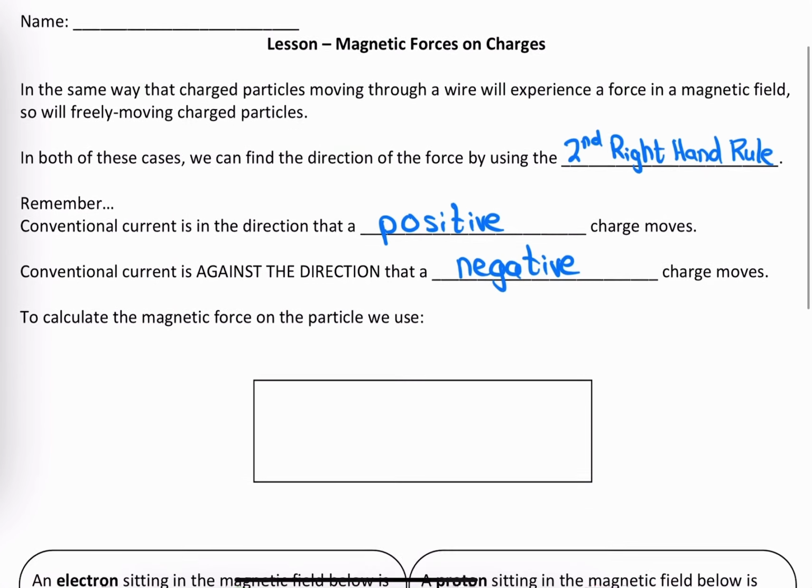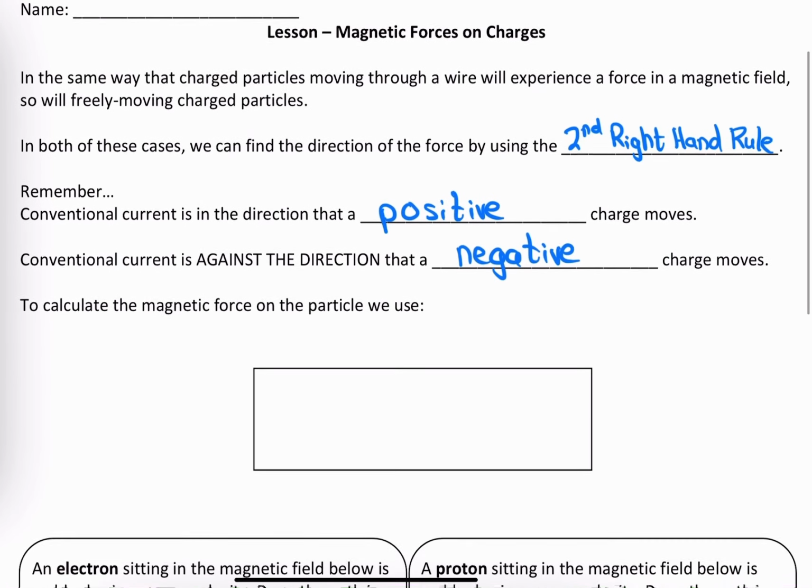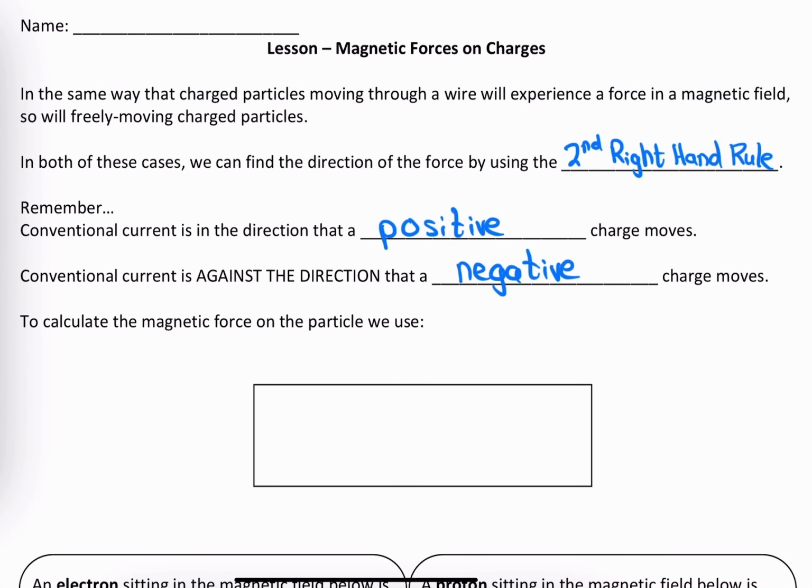And the next thing I want to give you is the formula that tells us the force on a freely moving charge in a magnetic field. We have a formula for the force on a wire, but it's a little bit of a different scenario when that charge is not moving through a wire, but is just moving on its own.